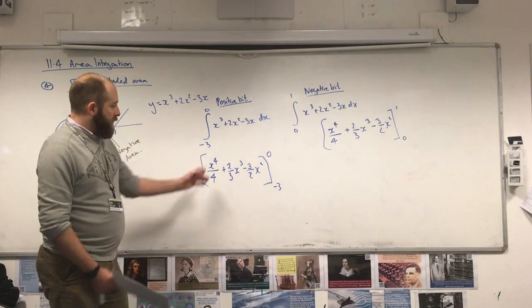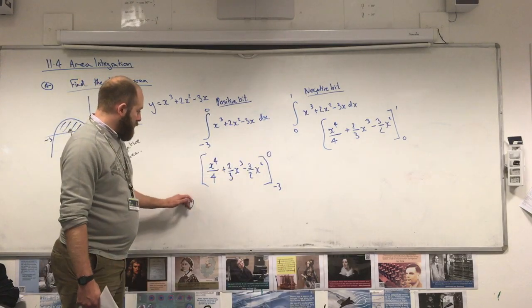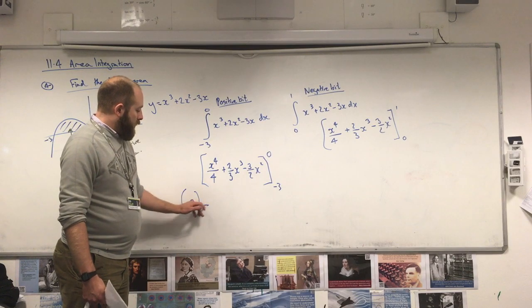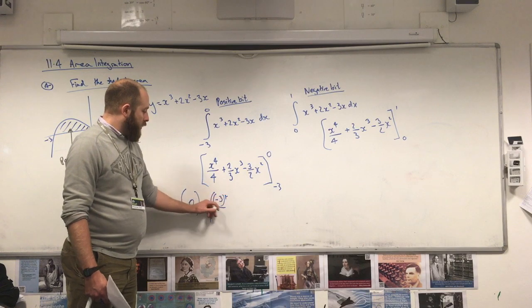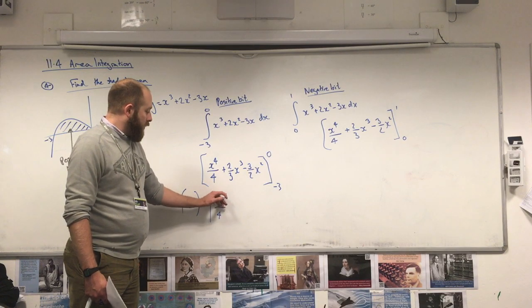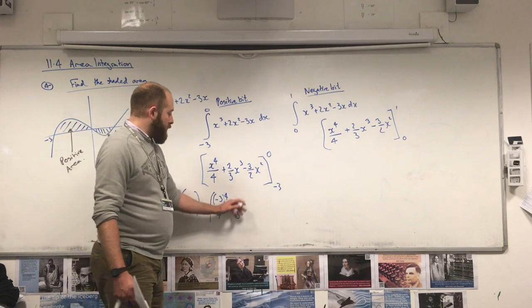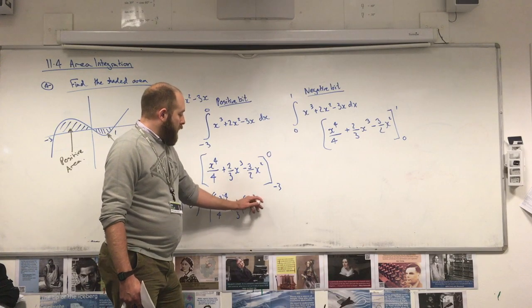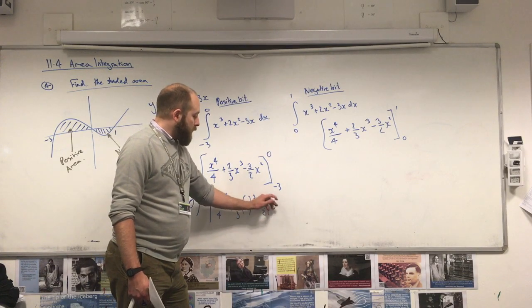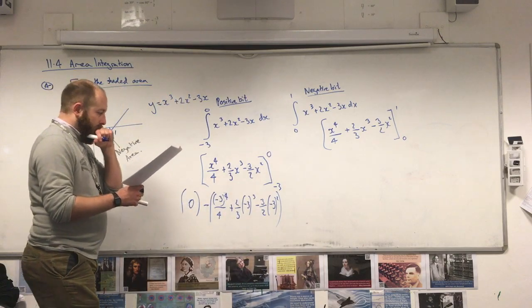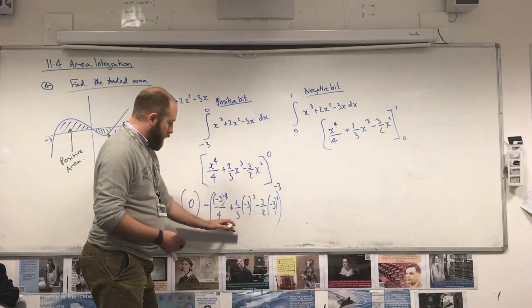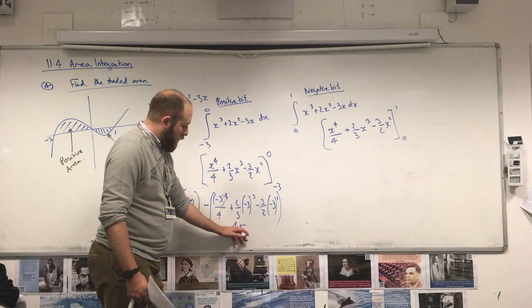So for this one, the first area is going to be 0. So put in 0, subtract the lower limit, so that's going to be -3 to the power 4 over 4 plus 2/3 minus 3 cubed minus 3 over 2 lots of minus 3 squared. And if you type all of this in, you get 45 over 4.